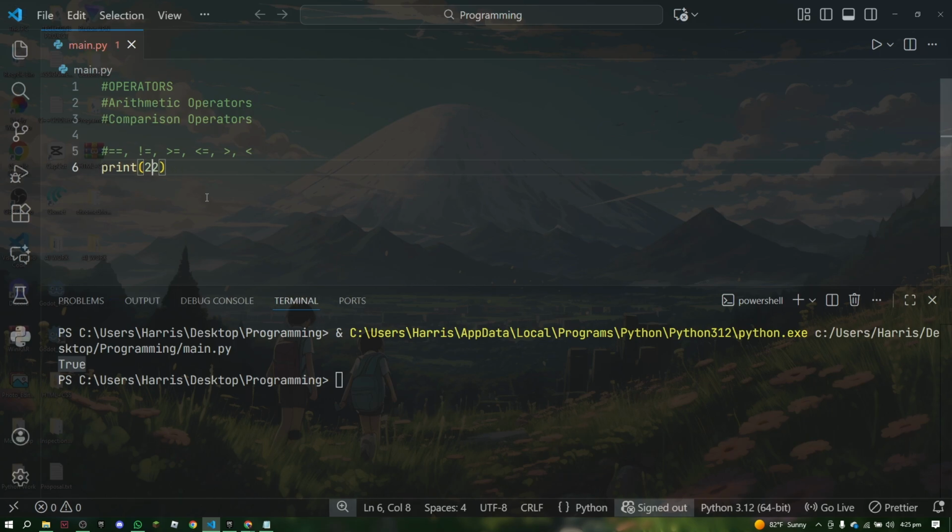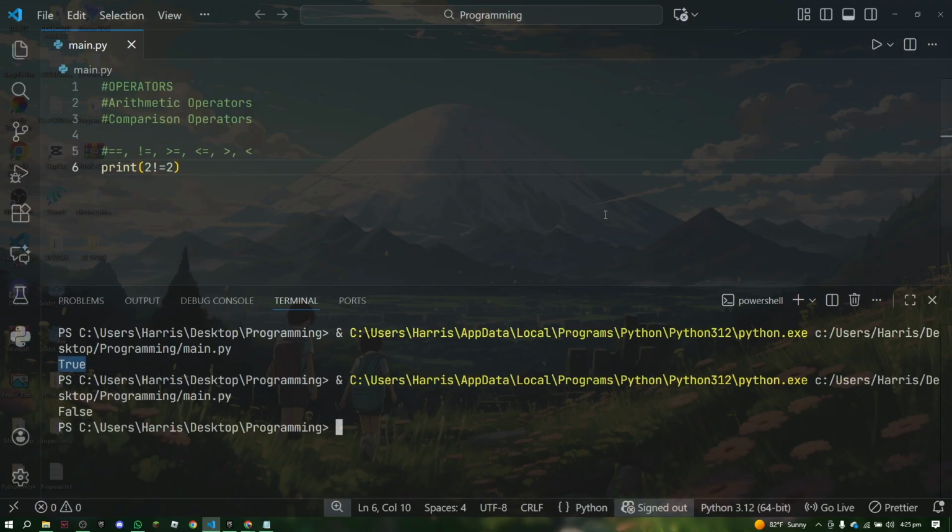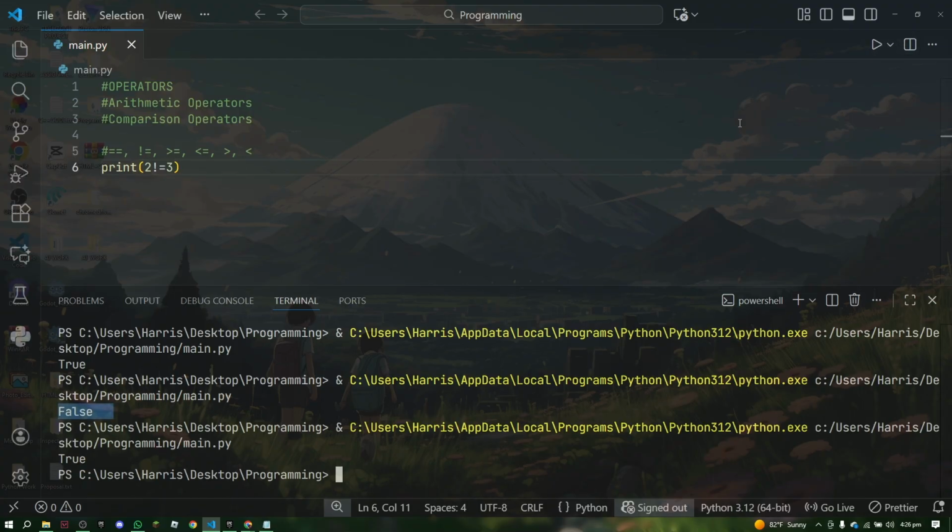Now, what if I use not equals and then run the command? Now it's going to say false, because this one makes sure that this and this aren't the same. So if I'm saying 2 is not equal to 2, that's wrong, because 2 is equal to 2, which is why it's saying false. But if I write 2 isn't equal to 3, then it's going to say true.